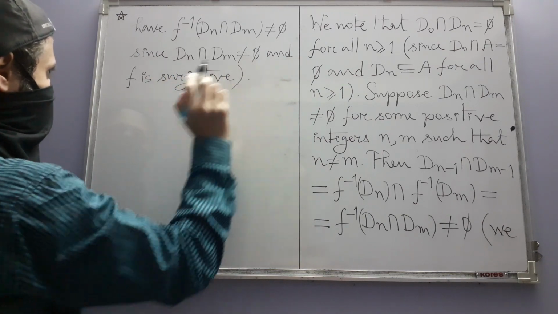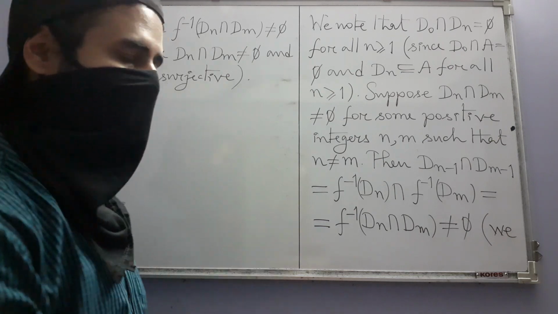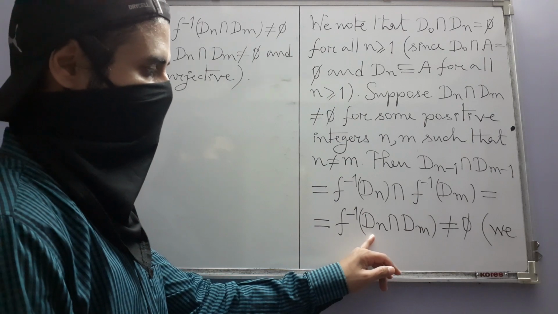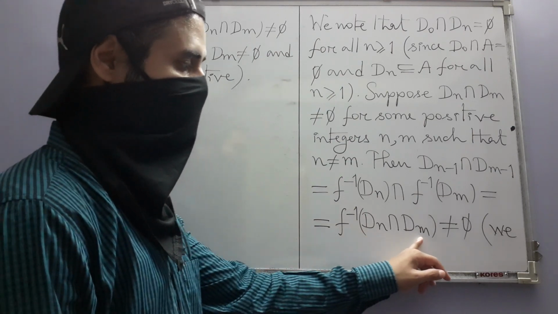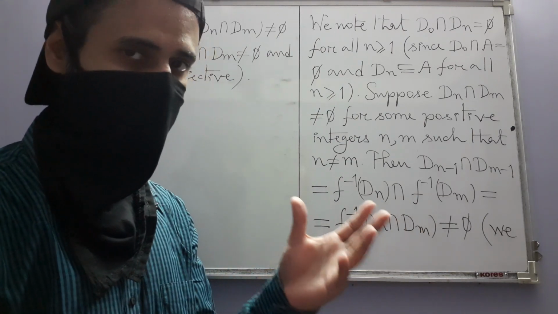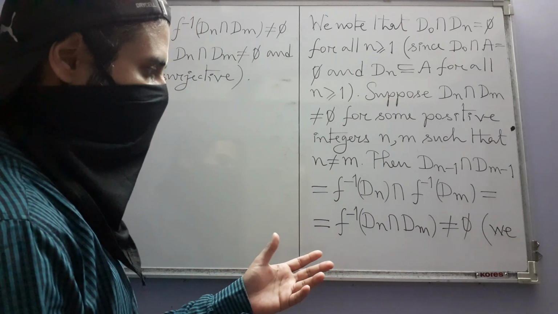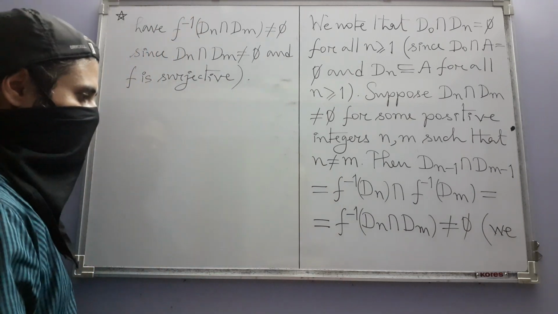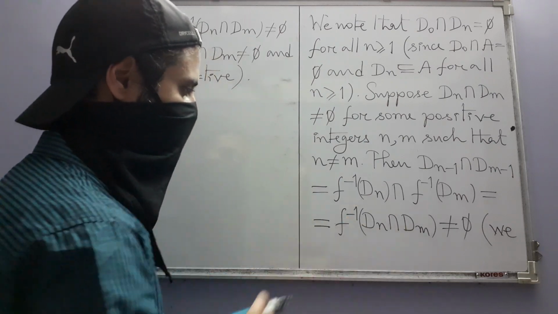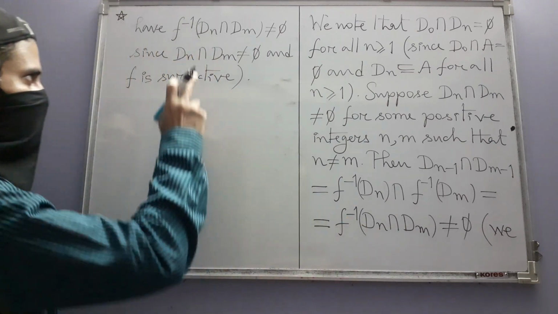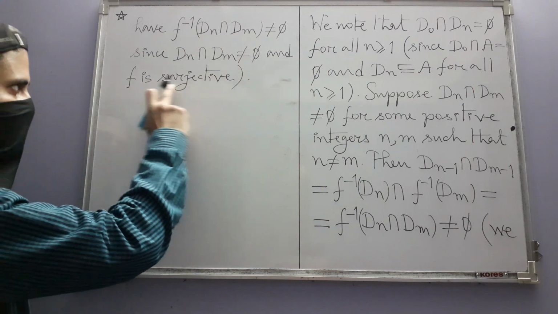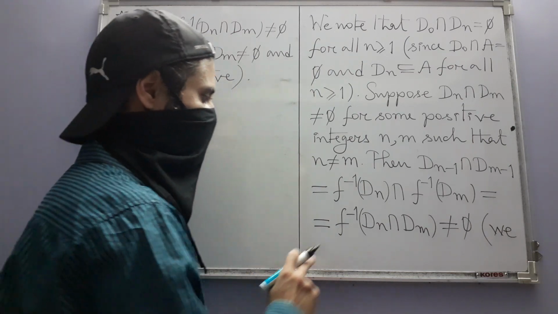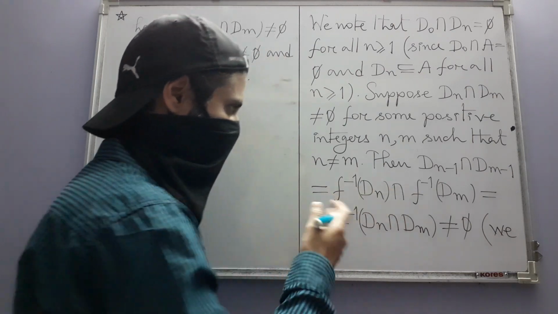Do not forget that f actually is a bijection, so it's a surjection also. So because we are considering a non-empty intersection in B, which is the range of f, the f inverse of this non-empty set will also be non-empty, and that non-emptiness comes from surjectivity of f.